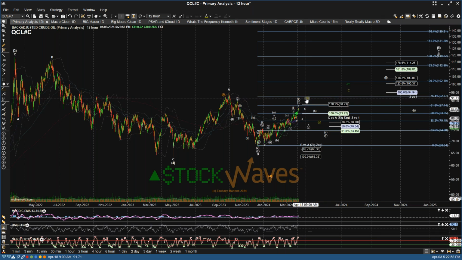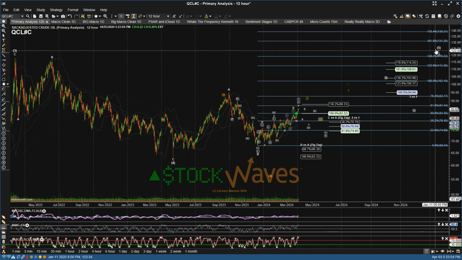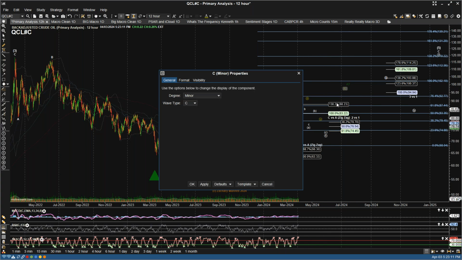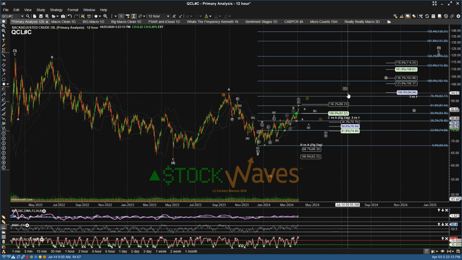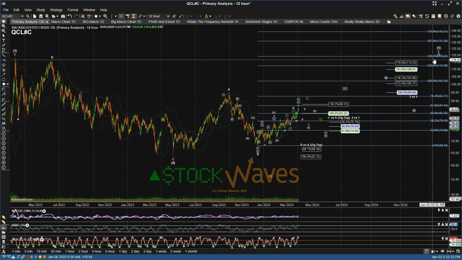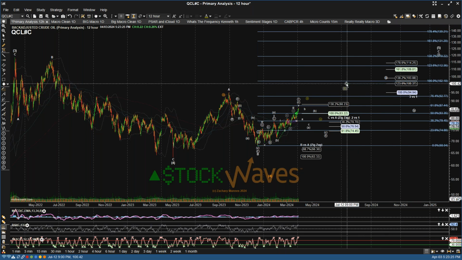If we get further extension, then instead of looking for a wave 2 and then 3, 4, 5 all the way up into the 120s, we start to look for more of a 4th and a 5th wave up for what would look more like a measured move, and possibly something more bearish for oil itself, or maybe that's just a slightly larger version of this A wave, and getting another B wave and a C wave up for that 5th wave from there.